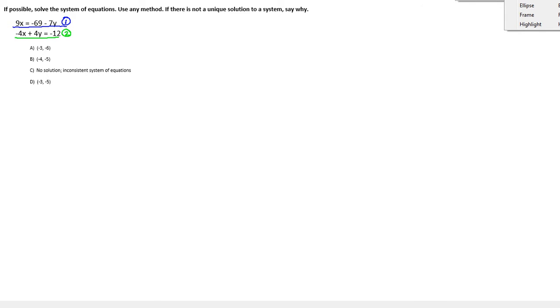One of the issues that I'd like to point out is, when I'm looking at these answers, these actually are ordered pairs. Answers A, B, and D are ordered pairs. What's the meaning of that? Those are unique solutions to a system.